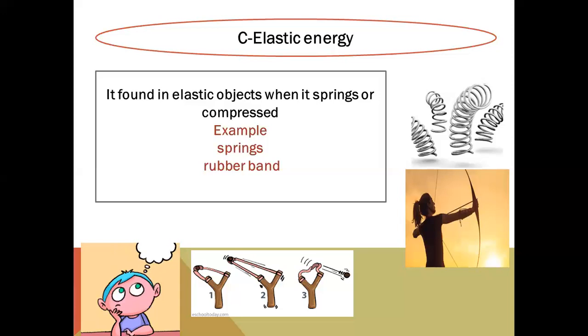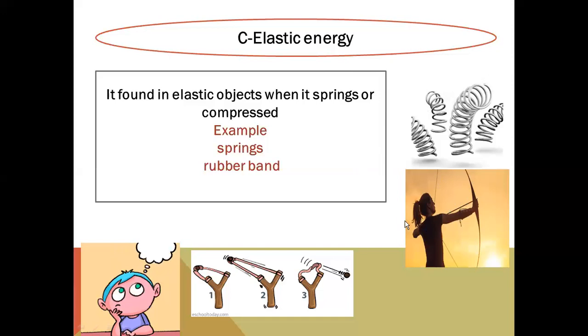Springs have two stages, compressed and stretched. When compressed or stretched, they have a greater amount of elastic energy. A rubber band has the same movements. When it is stretched more, it has more elastic energy, which is stored and used to push anything.